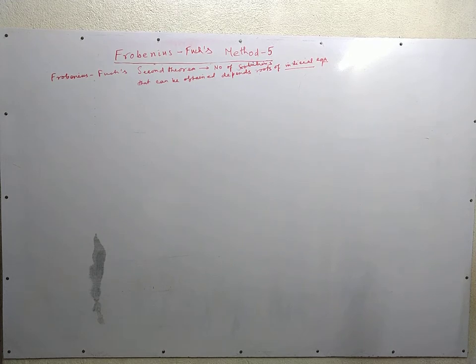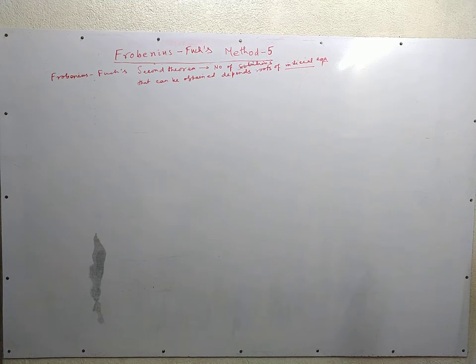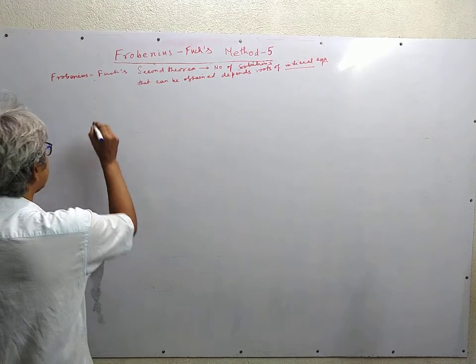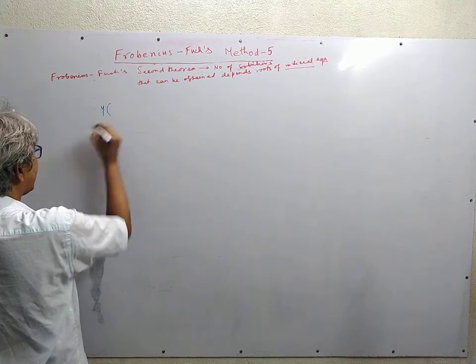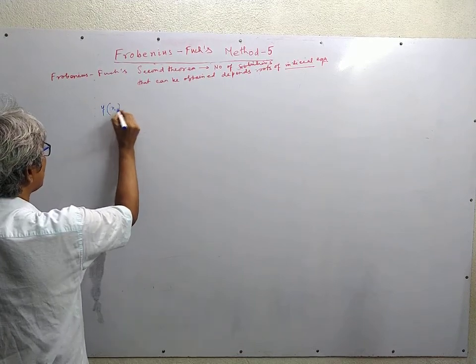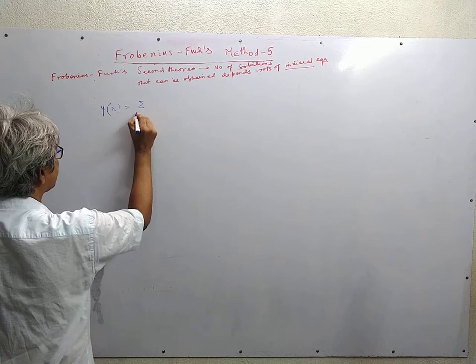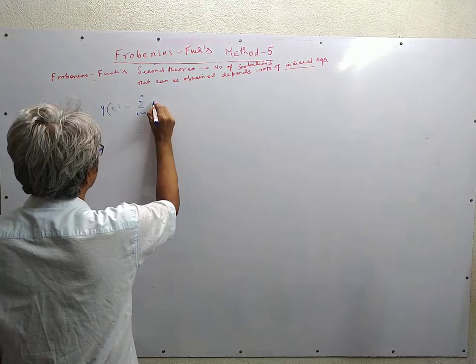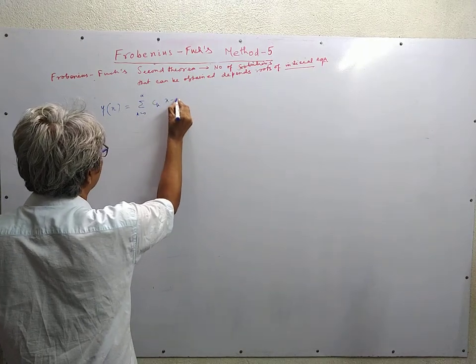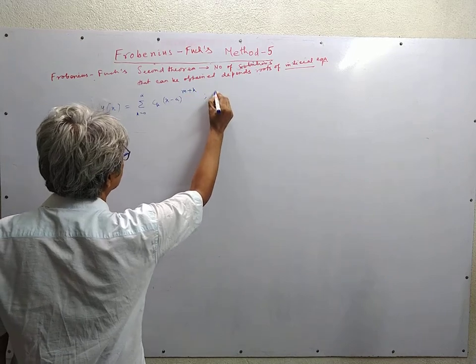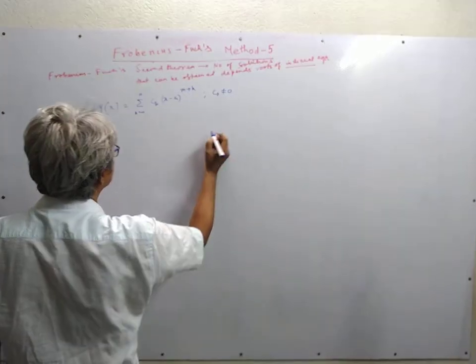As per the first theorem, if the point of expansion is a removable singular point, then the solution can be written as y of x equals summation over k equals 0 to infinity of ck (x minus a) to the power m plus k, with c0 not equal to 0.